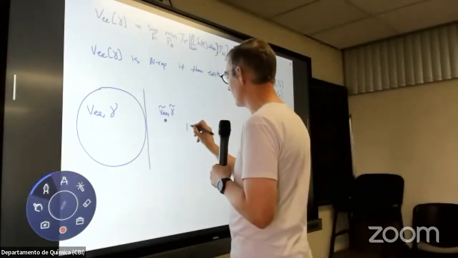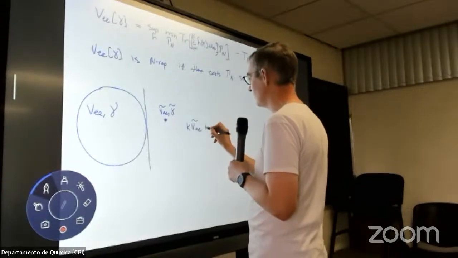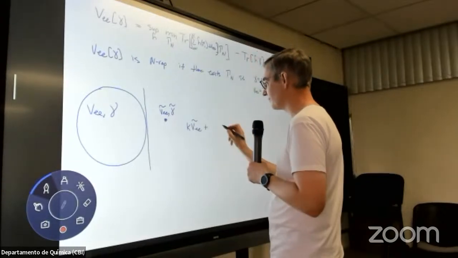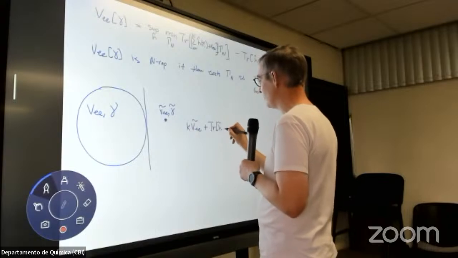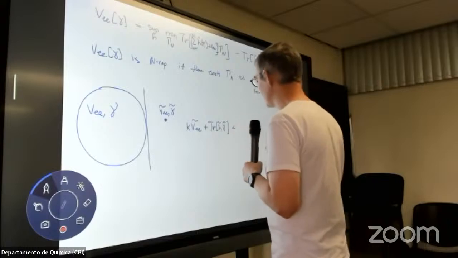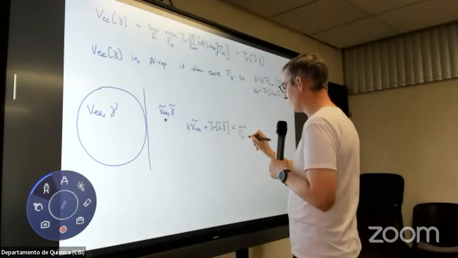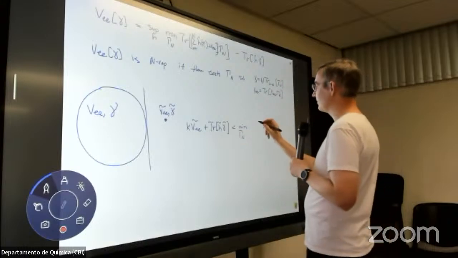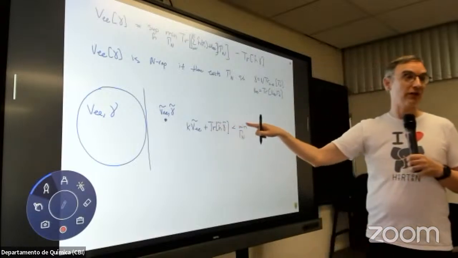That means that K VEE tilde plus trace of, let's call it H tilde gamma tilde, is less than the minimum over all the density matrices of the energy expression that corresponds to this.